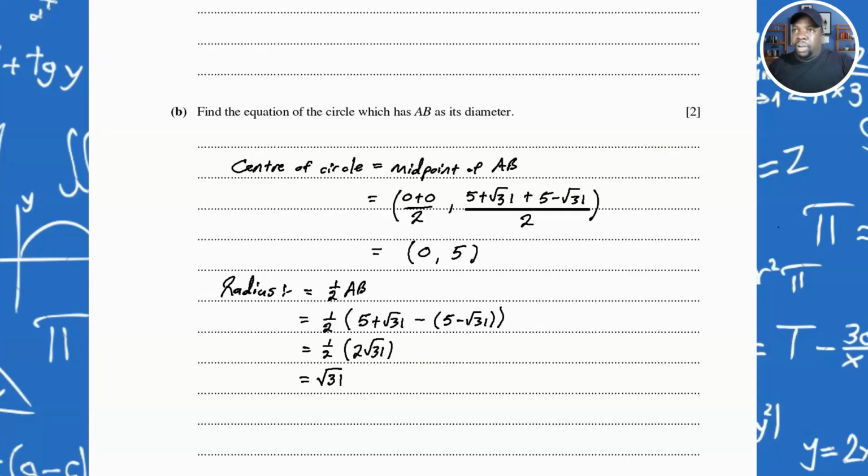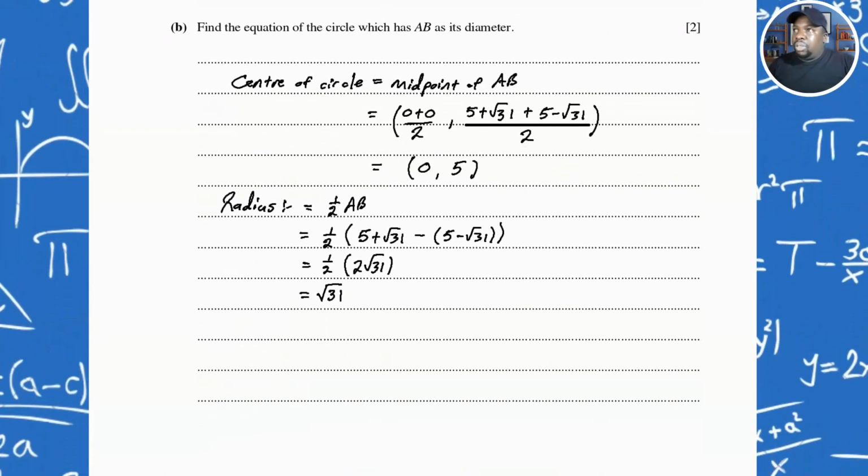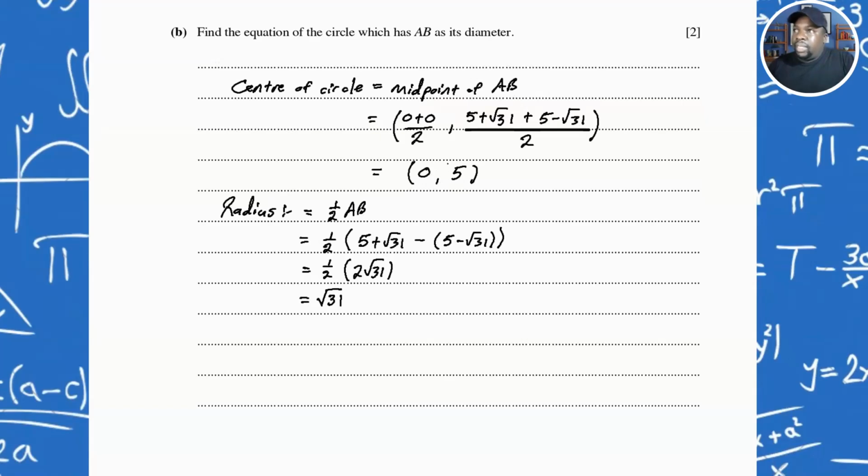So this is very important, that's how we find the radius here. To get the equation of the circle now, since we have the coordinates of the center and the radius, we can simply say that the equation of the circle is x minus 0 squared, so that'll just be x squared, plus y minus 5 squared, equal to the radius squared, which is root 31 squared, which is just 31.